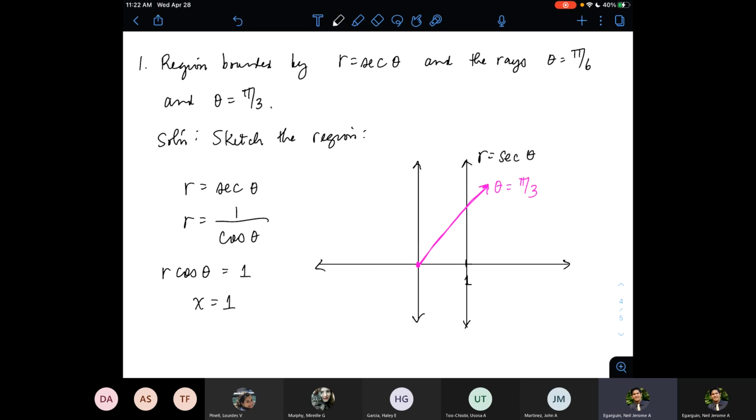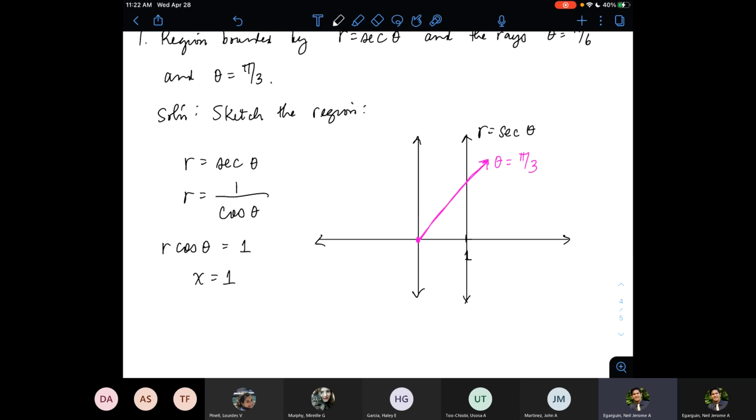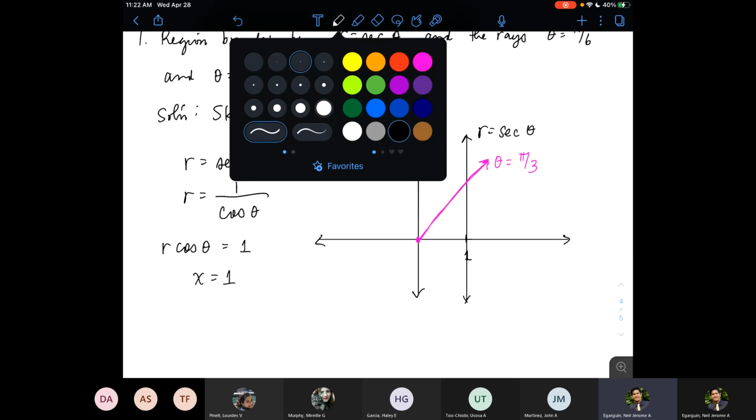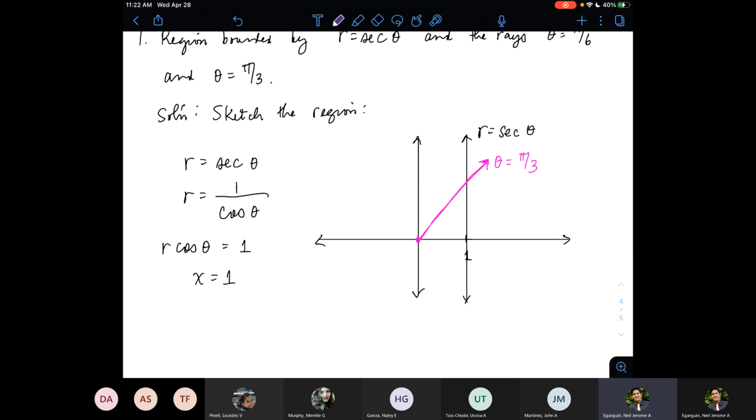Yeah, that's what happens when I invent problems on the fly. So pi over 6 and pi over 3. So pi over 6 could be somewhere here. So that makes the region we are interested in that yellow region. All right. So that's the region.